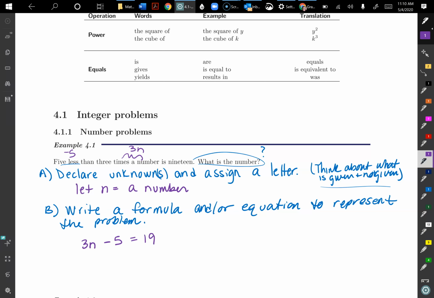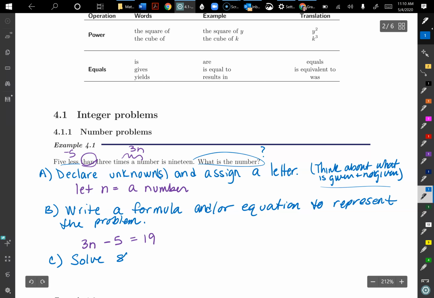The 5 less comes first, but it doesn't say 5 minus 3 times the number. It says 5 less than, and so that's a critical piece. Now from here, you just have to solve and show your steps. So that's part C, solve showing steps.